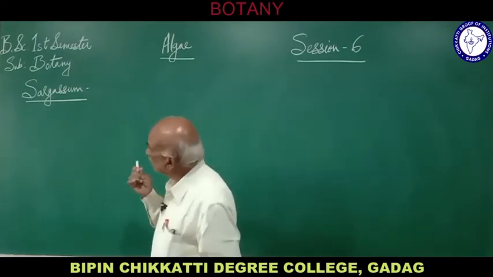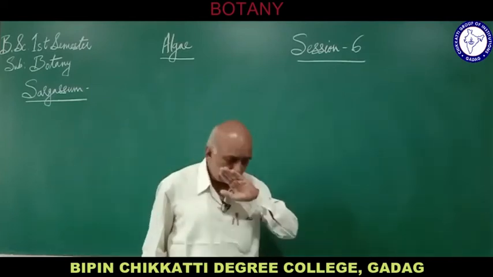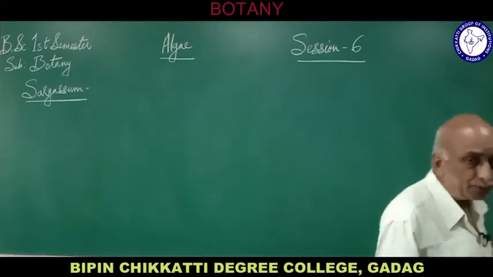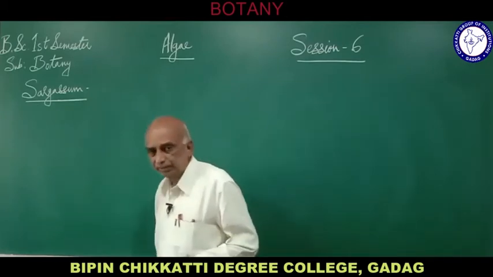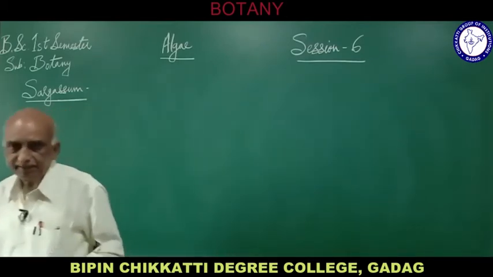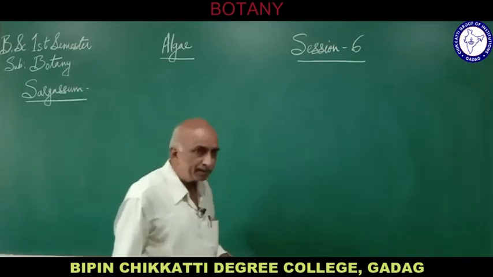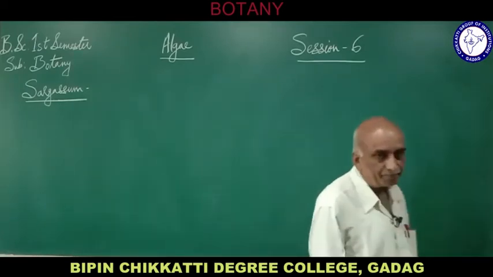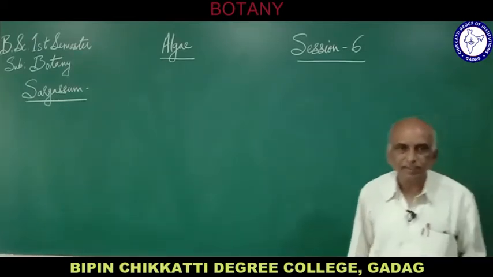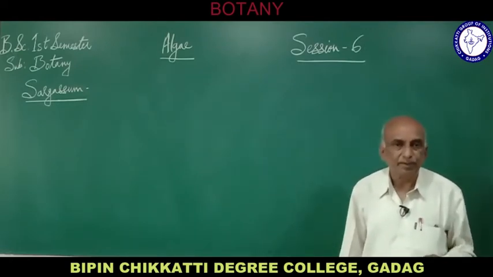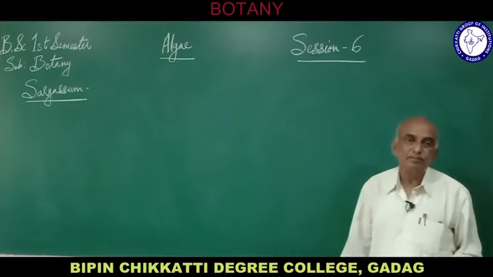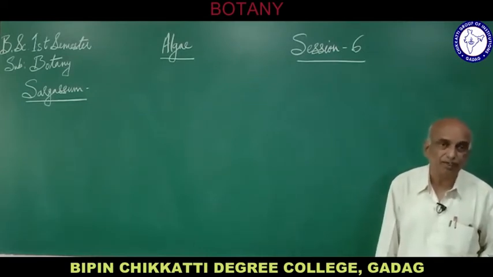Then this Sargassum is so called because in the Atlantic Ocean there is a sea which is called the Sargasso Sea. Now this Sargasso Sea abundantly has Sargassum, the brown algae.